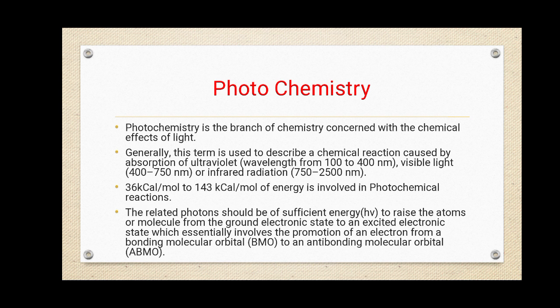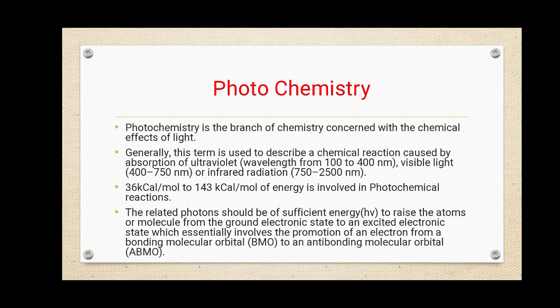So, mainly this is caused by the reactions between ultraviolet radiation and visible radiation, and sometimes infrared radiation is also involved. And actually the energy involved in the photochemical reactions is in between 36 kilocalories per mole to 143 kilocalories per mole of energy.